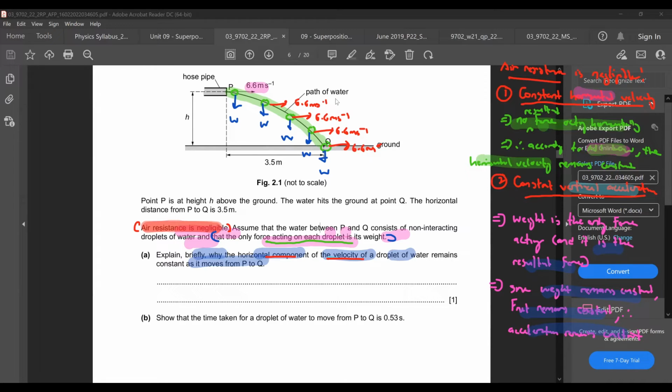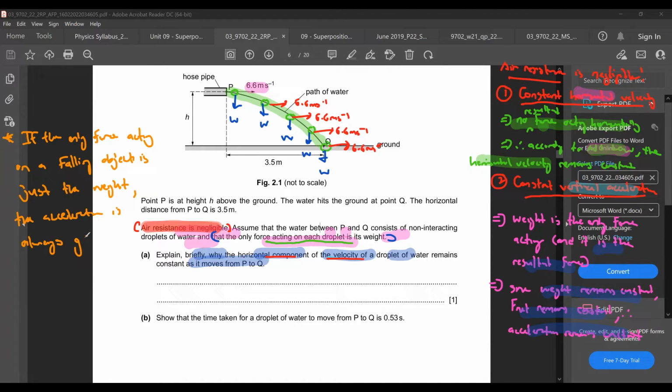Then one thing I should mention here, which is good to remember: if the only force acting on a falling object is just the weight, the acceleration is always g equals 9.81 meters per second squared, regardless of their mass.